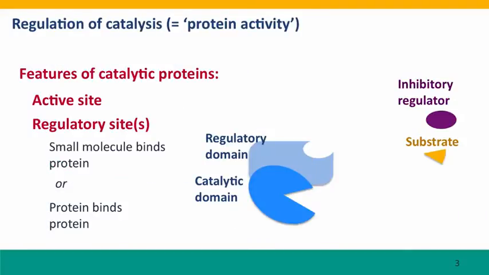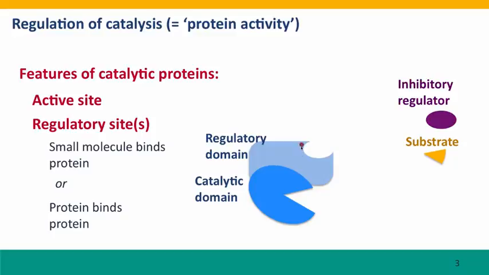So, first a schematic example. Here I've diagrammed the same catalytic domain and substrate that I used earlier to illustrate catalysis. But this time I'm going to use it to illustrate a kind of regulation. Now our catalytic domain has a second domain, another part of the protein that's a regulatory part of the protein, and this also has a binding site.